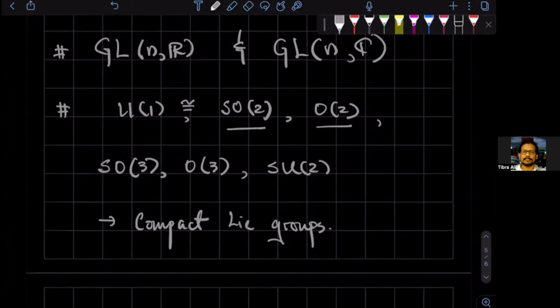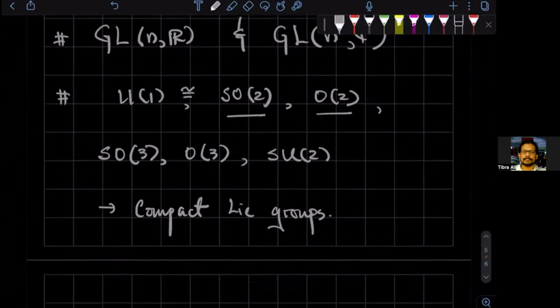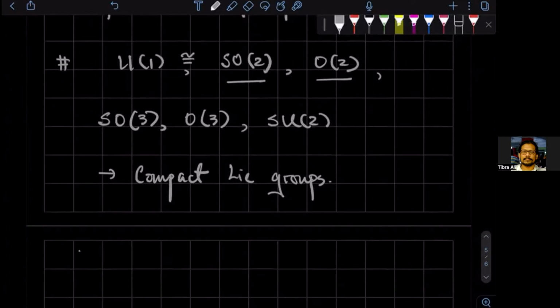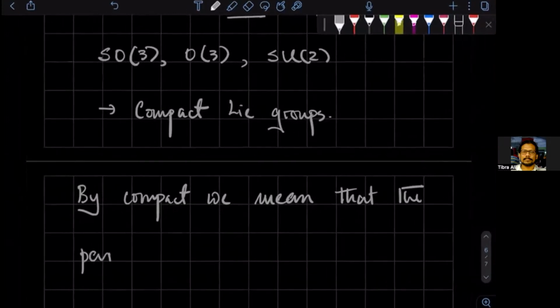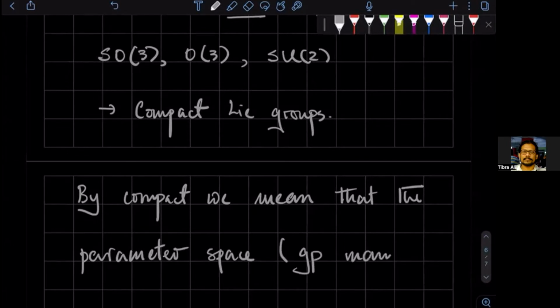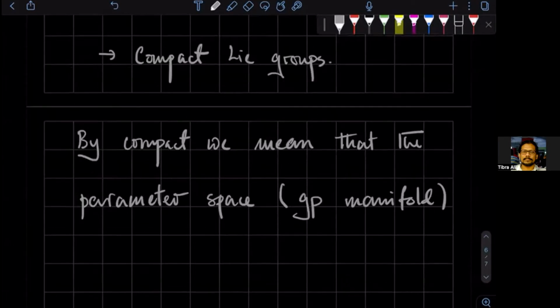So what do I mean by compact? By compact, we mean that the parameter space, or the group manifold, is a compact manifold.